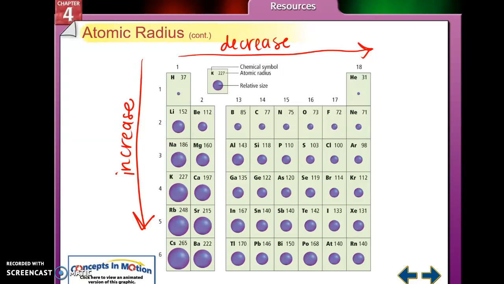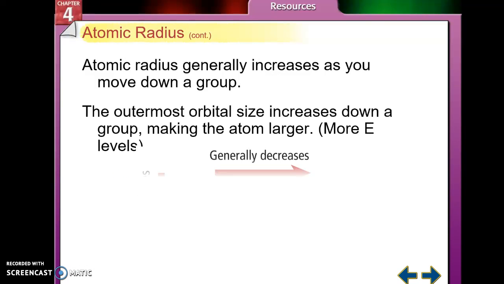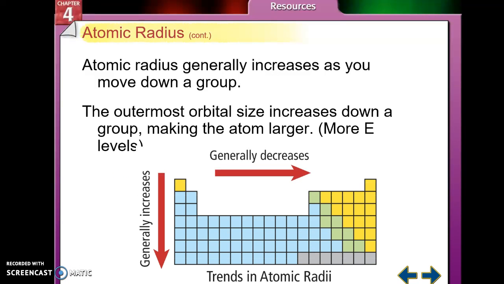You are adding more protons and new electrons into a higher energy level. So it increases as you move down the group because you are adding an energy level and the orbital size gets bigger.